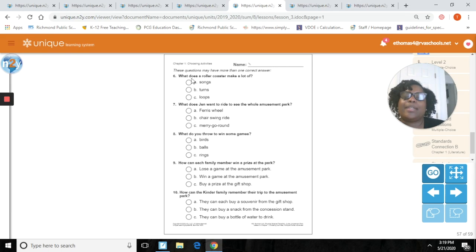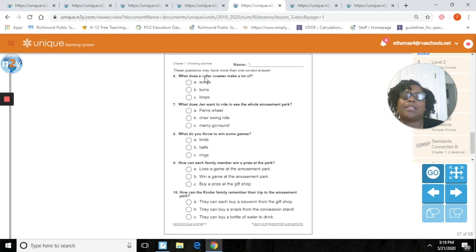So let's go to our next question. It says, what does a roller coaster make a lot of? A, songs, B, turns, or C, loops. Now, if you notice here, these questions may have more than one correct answer, okay? So let's keep that in mind. What does a roller coaster make a lot of? Now, what part of the story are we going to go to?